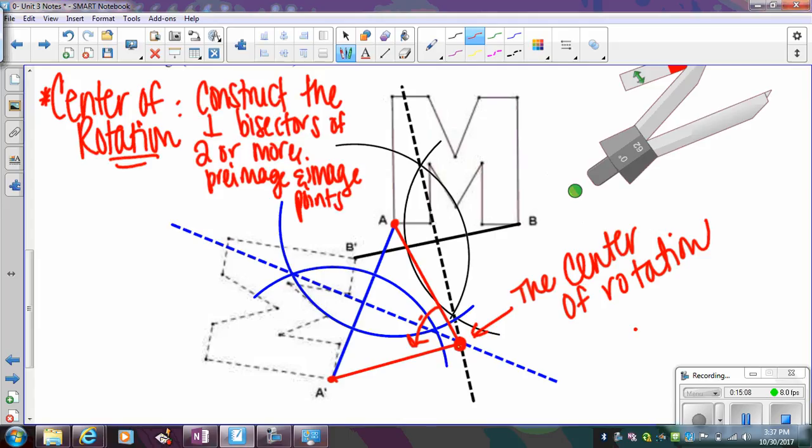And that's it. And then, like I said, you have your angle. You might want to highlight it or something and label it that this is the angle of rotation. So you have the center, and you also can find the angle from here.